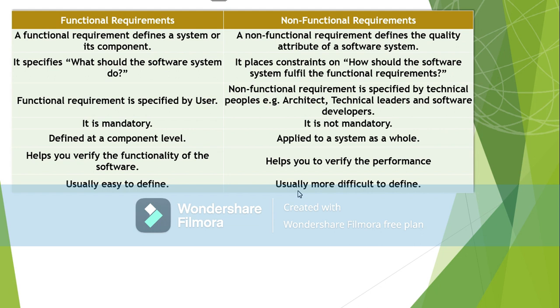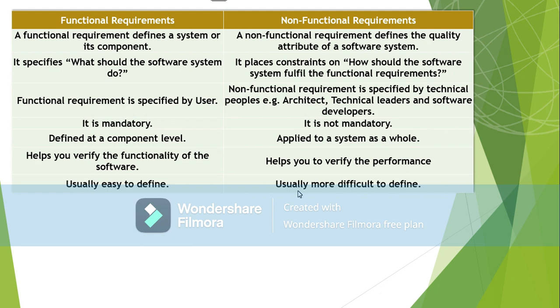If I'm trying to use your product, it's very easy, it's not that complicated that I feel that it's messed up, and I would prefer something which is easier for me. So it should be very usable, the performance should be good, and very important, it should be secure. Somebody should not have that feeling that their information can get hacked from your software. So all these things are the non-functional requirements.